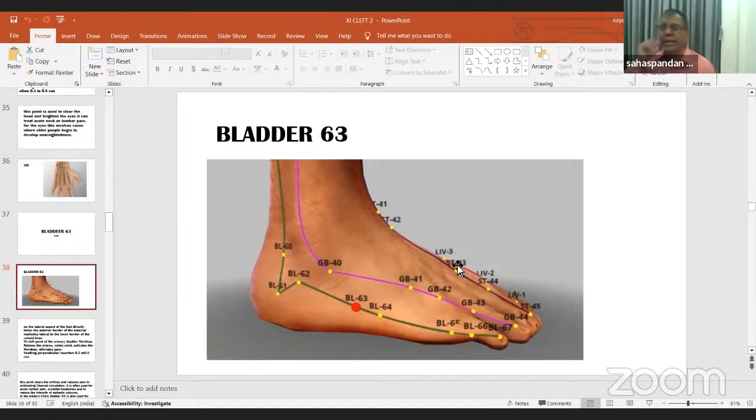This point can be very useful for lumbar pain, acute lumbar pain.